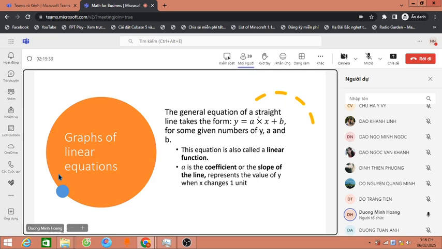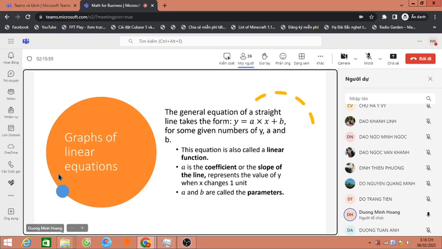So a here is what we call the coefficient. It represents the slope of the line. It also represents the change in the value of y when x changes 1 unit. So if x changes 1 unit, how much y will change depends on the a over here.